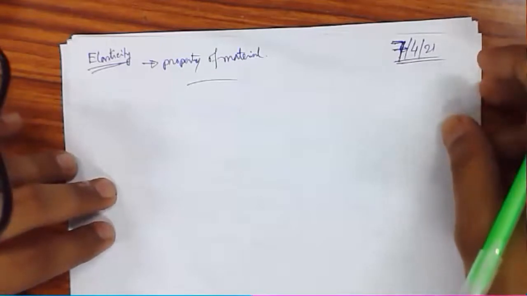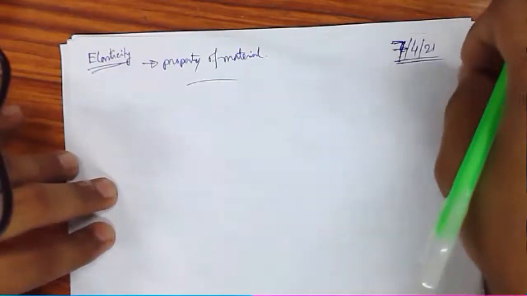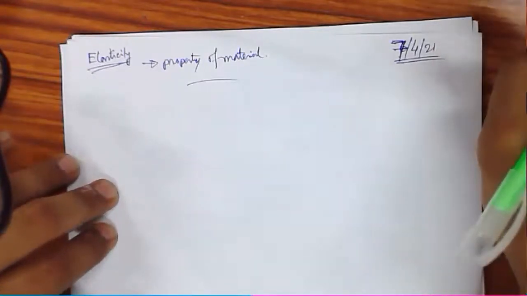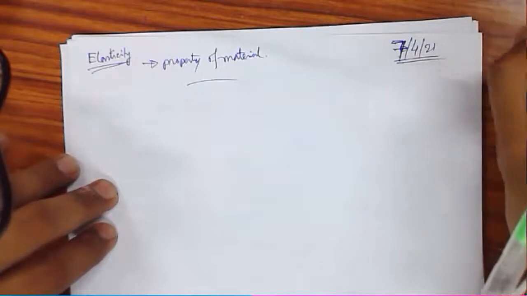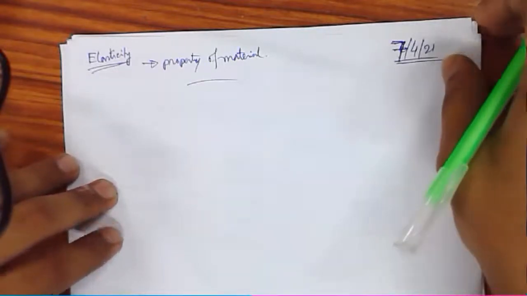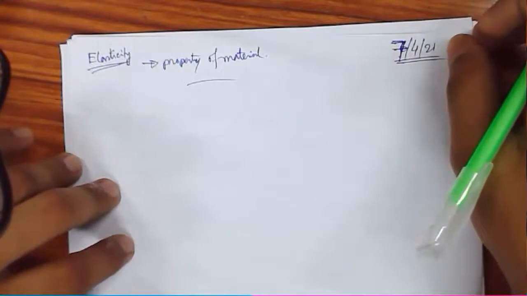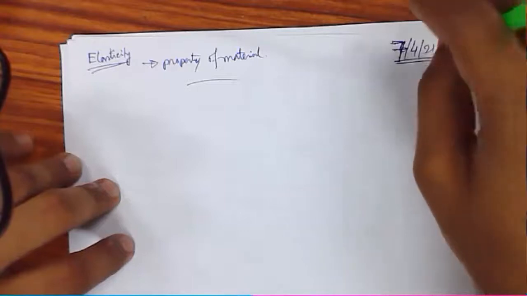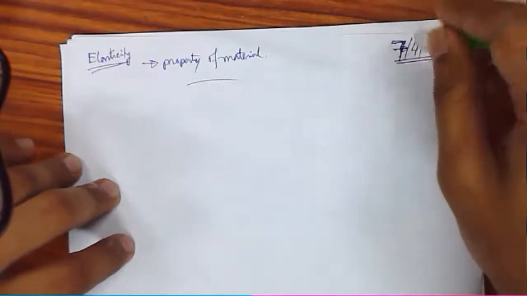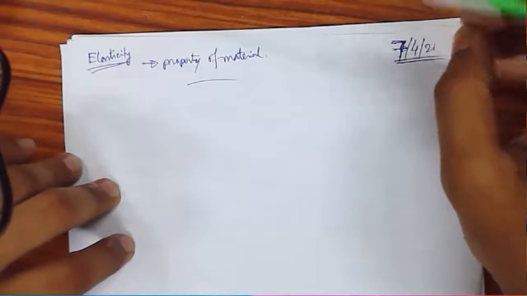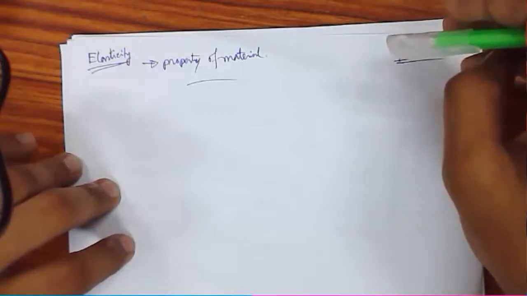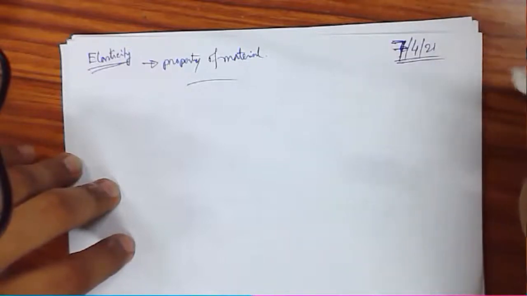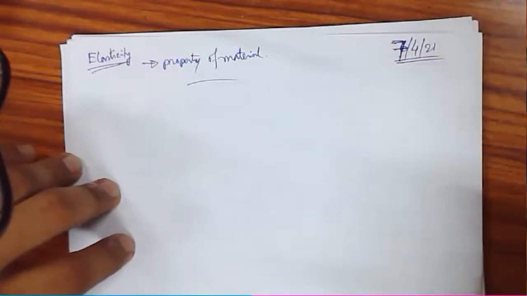because of that loading, the dimension of the object will deform. The shape or size will deform, and when this deformation happens, the cohesive force of the particles inside the object will provide some resistance, and because of this resistance force, when we remove the load, it comes back to its previous shape and size.